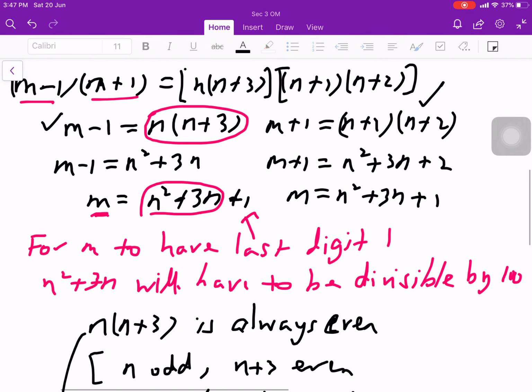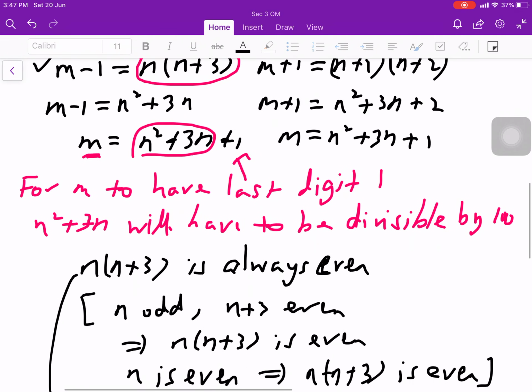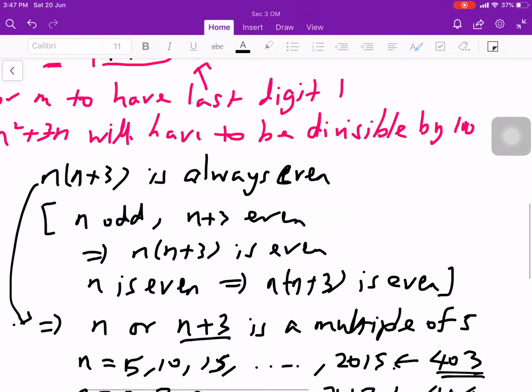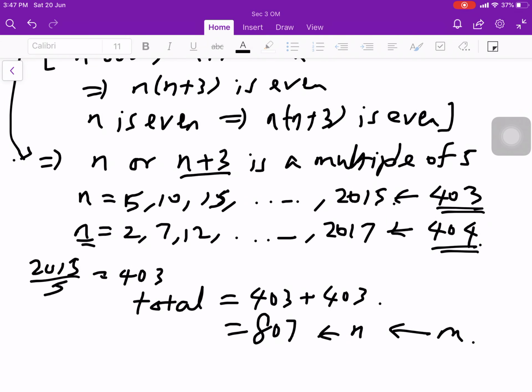We know that n times n plus 3 is always even. Therefore, n or n plus 3 is a multiple of 5. In total, we have 807 of them that are multiples of 5, and the number of m that will give you the last digit 1 is actually 807. With that, I stop here.